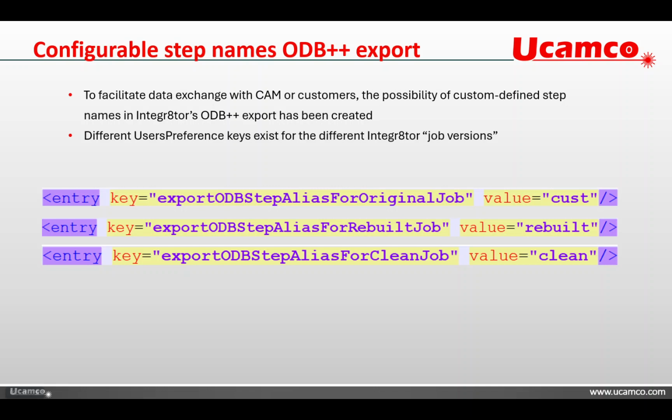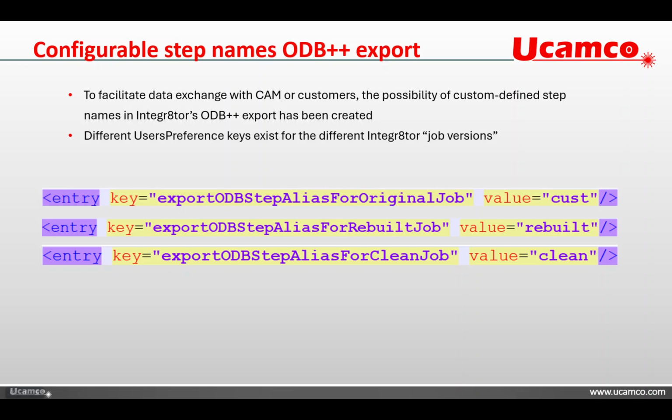That is not the same for this last one on my list here, the configurable step names for ODB++ export, in the sense that, first of all, what do we do? Sometimes to communicate with your customer, or if data has to go to CAM after Integr8tor, people would like the step name inside an ODB++ file to be named in a certain convention.